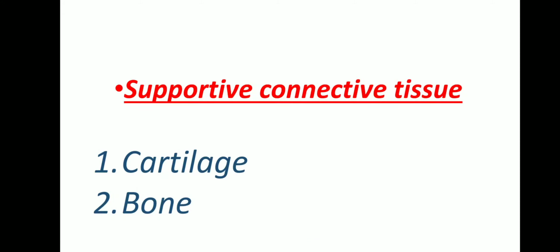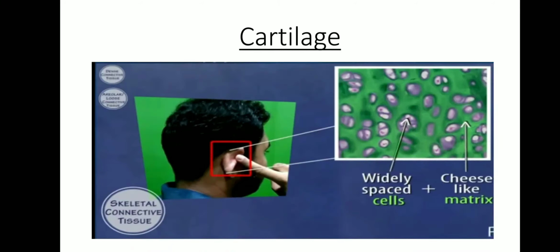And next we are going to see about supportive connective tissue. The supportive connective tissue is of two types, cartilage and bone. So the supporting or skeletal connective tissue can protect various organs and help in the locomotion of our body. And this supportive tissue is including cartilage and bone. What's cartilage? The cartilage are soft bones. They are soft and flexible.